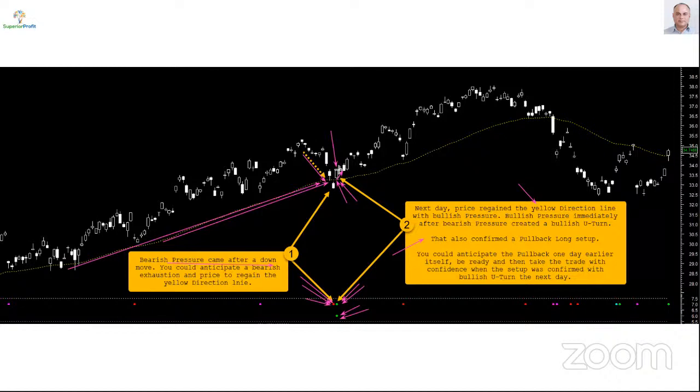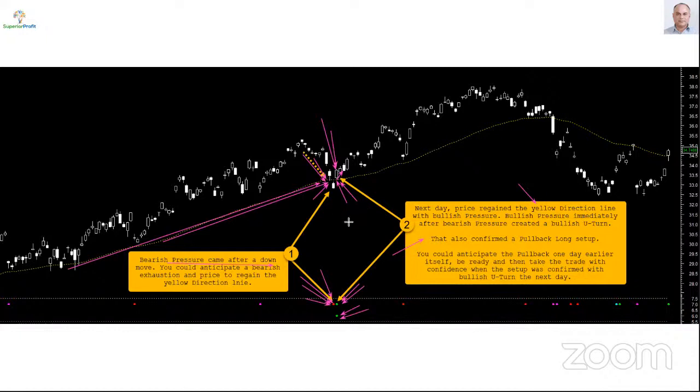We need a bullish candle for a pullback setup, but we could anticipate the bullish setup because the bearish pressure came after a down move near a major support. We would not trigger the trade beforehand, but we could trigger the trade on this day using the fine-tuned chart.